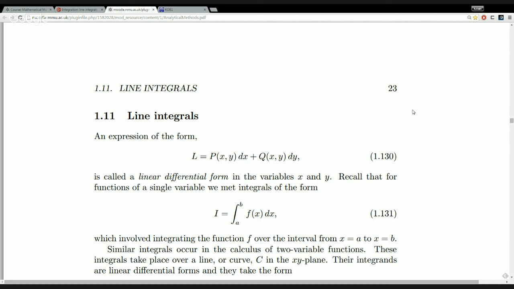Another kind of integral is where you're not integrating along a curve in the xy plane, but you're integrating across or over a two-dimensional region within the plane. So you could have, in principle, some arbitrarily shaped region here.